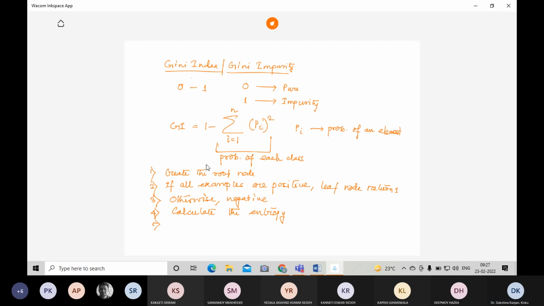And in this step, for each attribute or feature, so for each attribute, we calculate the entropy.